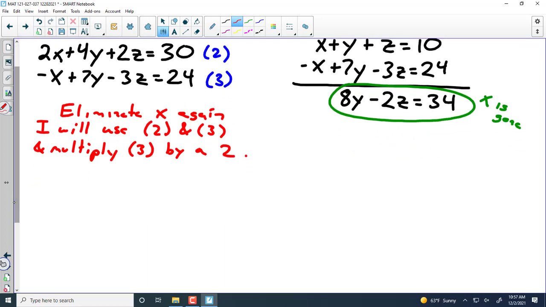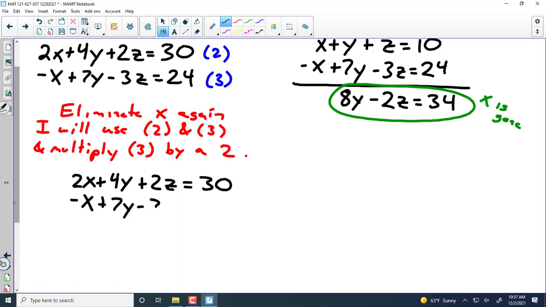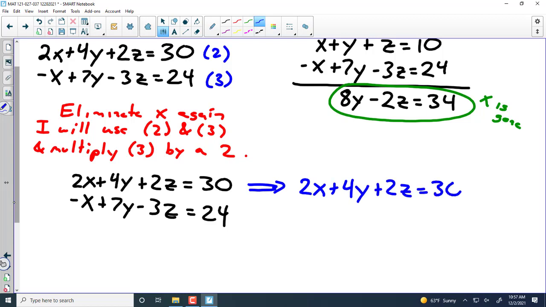So here I go. I got 2x plus 4y plus 2z equals 30. And I've got negative x plus 7y minus 3z equals 24. I'm not going to do anything to that first equation. I'm just going to leave it as 2x plus 4y plus 2z equals 30.